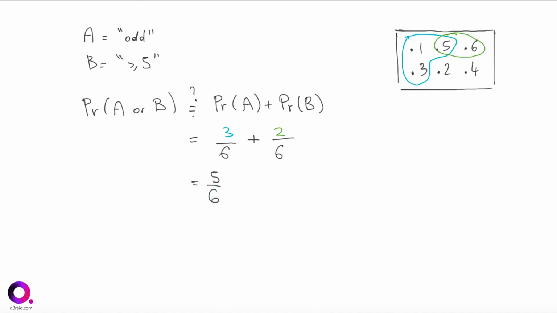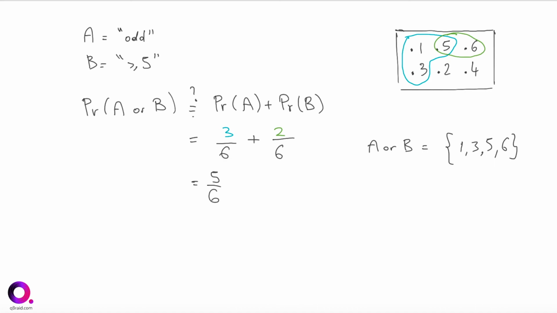Now, is this correct? Well, I claim that this is wrong because the event A or B corresponds to the following outcomes. So these are the outcomes that are either odd or greater or equal to 5. These are 1, 3, 5, and 6. So these are all the outcomes that are either an odd number or greater or equal to 5. And there's only 4 of them.